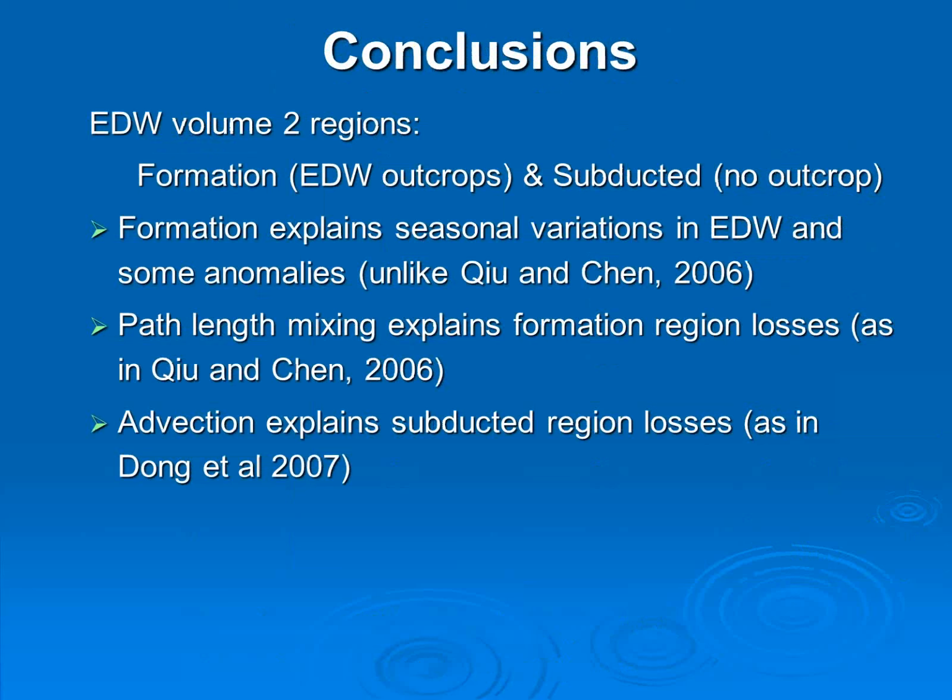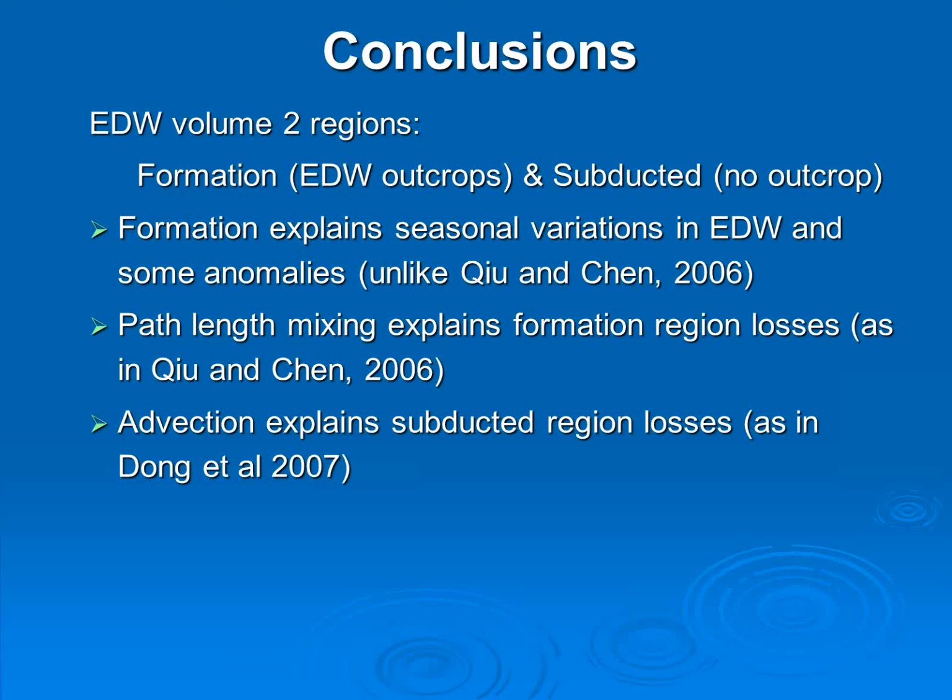So let me just summarize this provisional part. Based on the two simple flux models, we found that the formation does explain some of the variations in the EDW volume change. This is different from what was found in the North Pacific, where Chen and Chen did not find a relation between formation and the subtropical water changes.